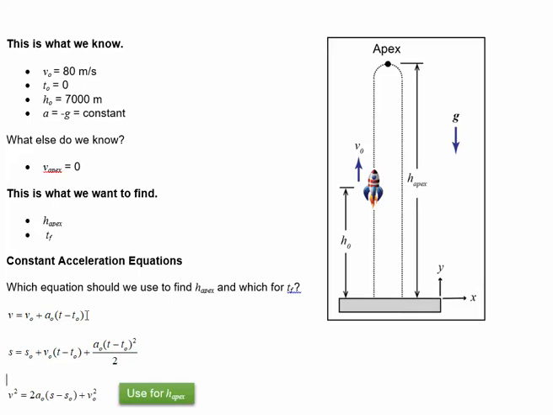We could use it as an intermediate step to get the time at the apex, but we don't really want to know that. So that equation won't work for us. The second equation has height, has the initial velocity, has time, which we want to find, and the acceleration, which we know. So this is the equation that we're going to use to find the final time.